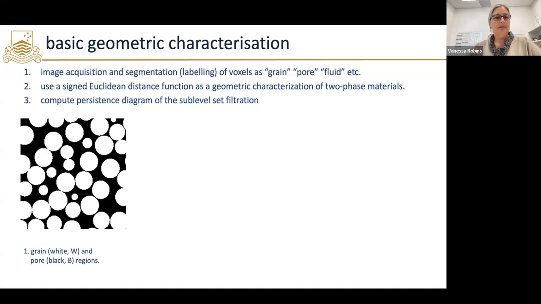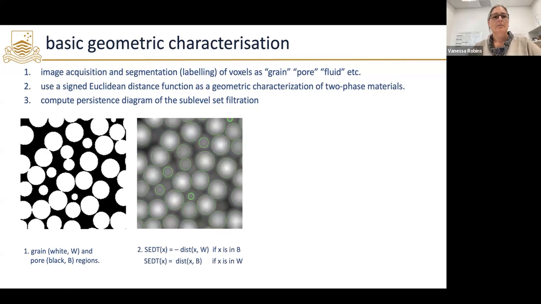The next step is that we compute a signed Euclidean distance function. So that means we have a function where each voxel is assigned the distance to the interface. So if I'm sitting on a black voxel, I'm going to give the negative of the distance to the interface.